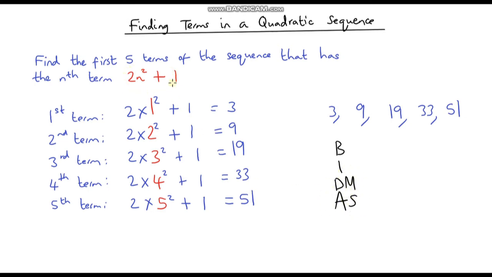So if we look at this expression here, we don't have any brackets, but we do have an index here. So we need to make sure that we do this part of our expression first before we multiply by 2, because the indices come before the division and multiplication. What I see a lot of people doing is they'll do 2 times n first and then they'll square it.